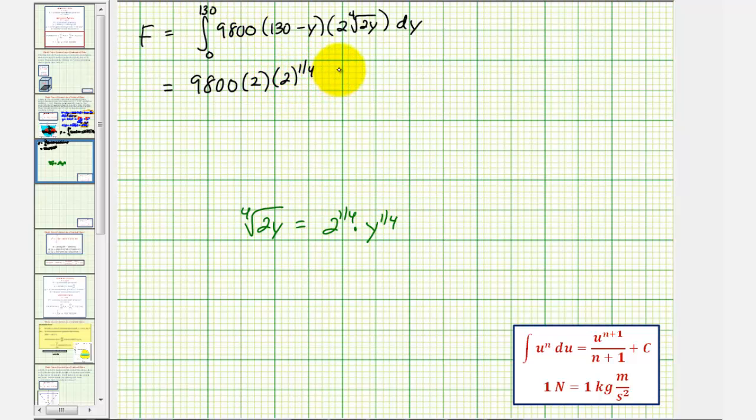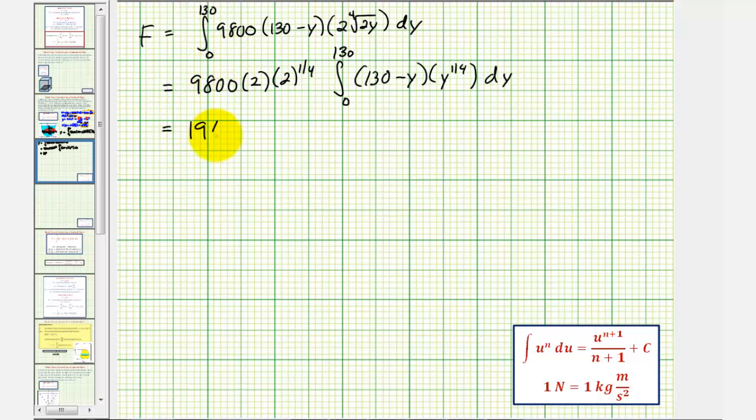And then we have the integral of 130 minus y, times y to the 1/4, integrated with respect to y. So we have 19,600 times 2 to the 1/4 times the integral of 130 y to the 1/4 minus y to the 5/4.